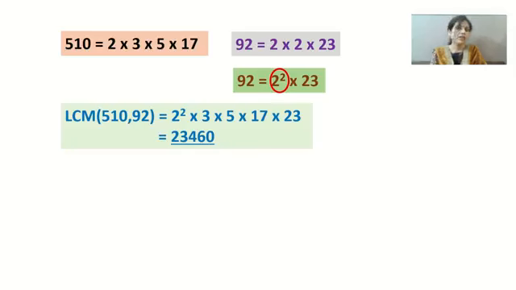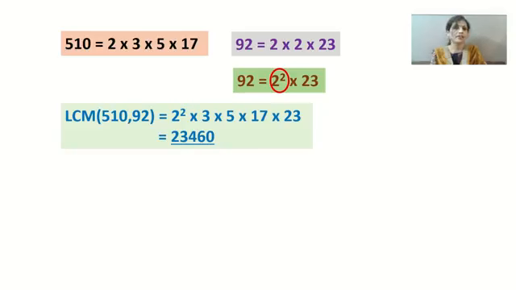So for LCM, first you will find out the smallest factor. You will find out the greatest power of that smallest factor and then write it down. And after that you have to check the subsequent next factor, and every time you have to see what is its highest power, and accordingly you will place the number.